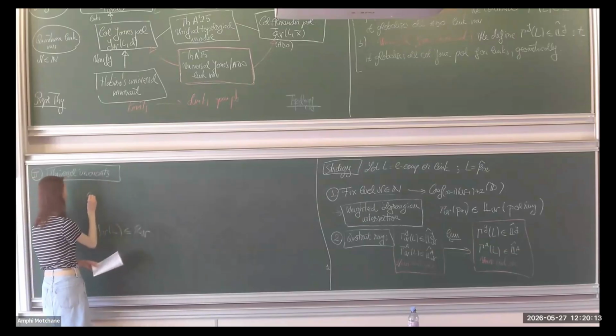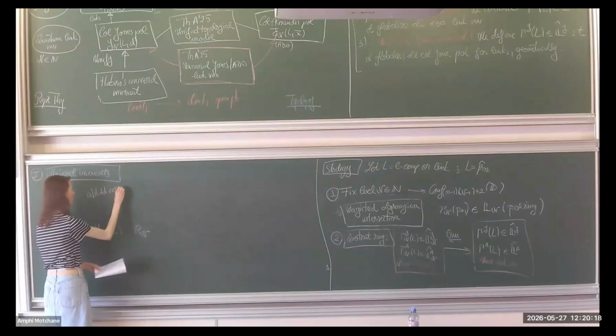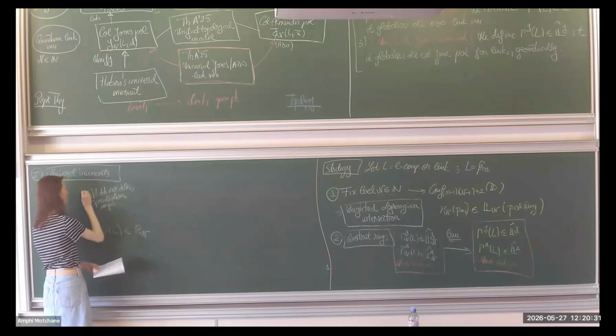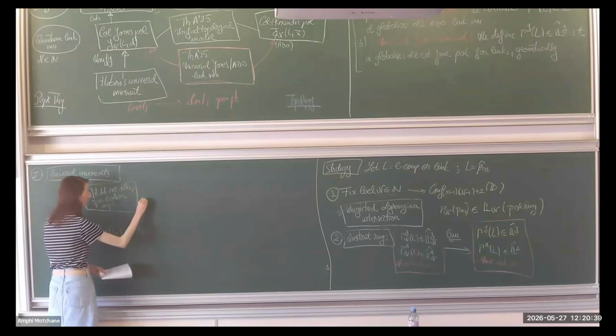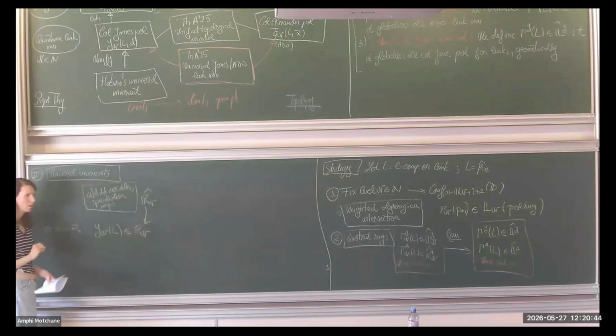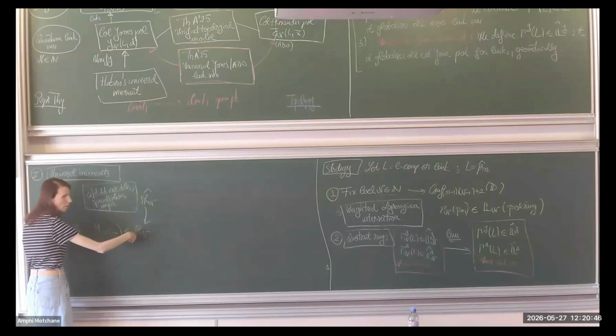So the first step is adding variables and specialization maps, so that I can enrich this ring R to a ring R hat, and I have a specialization map from the hat version to the non-hat version.